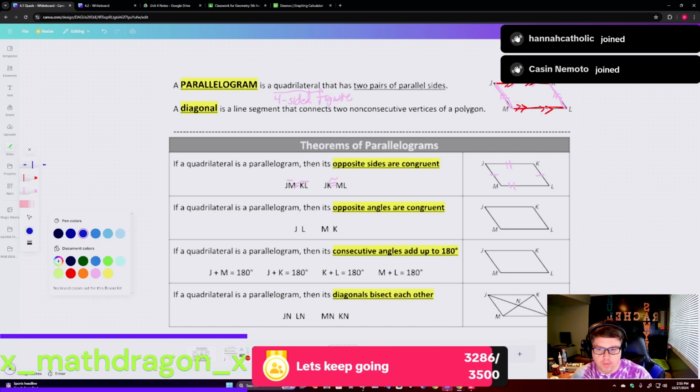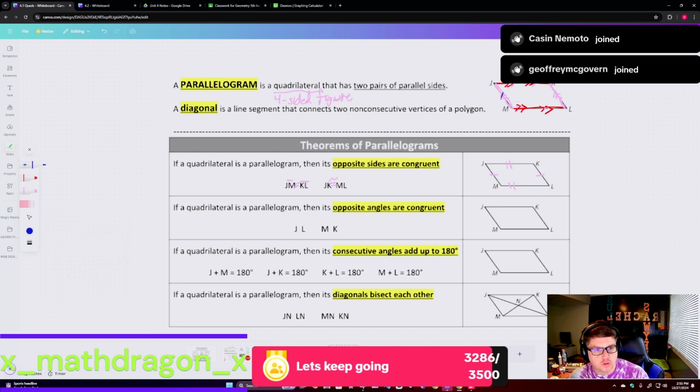Okay? Then, if a quadrilateral is a parallelogram, so we have two sets of parallel sides, then opposite angles are congruent.